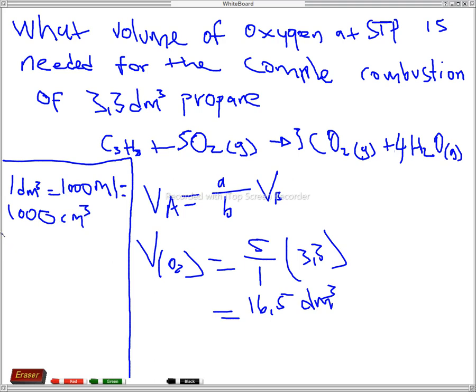So suppose you are given 3 centimeter cubed, and you have to convert it to decimeter cubed. This is the way we convert. You will just divide this by 1000. You understand? Divide this by 1000.